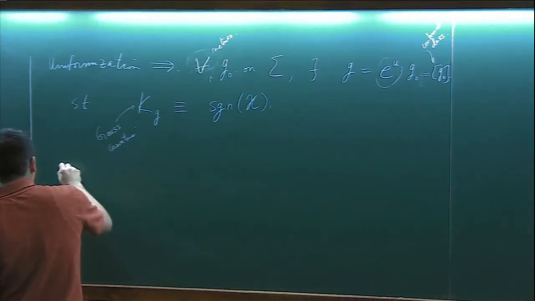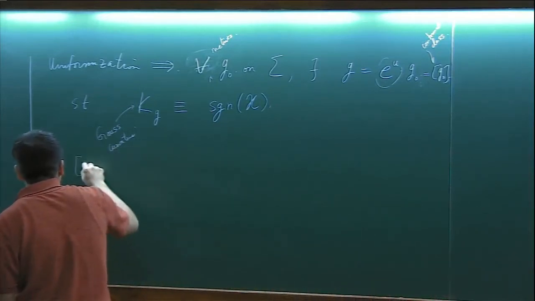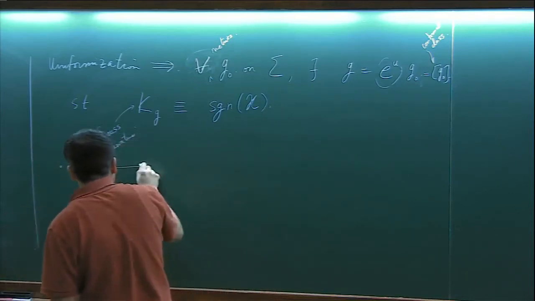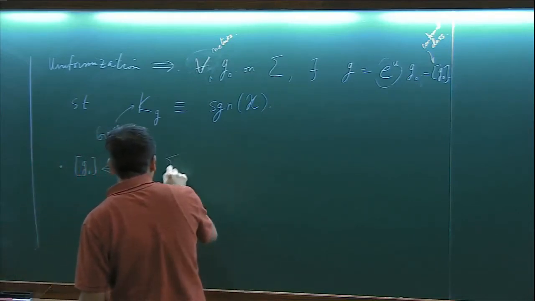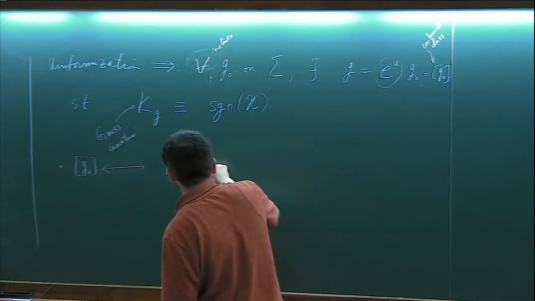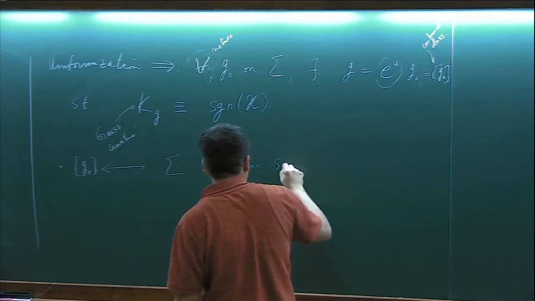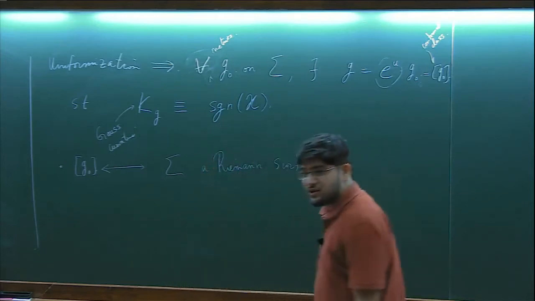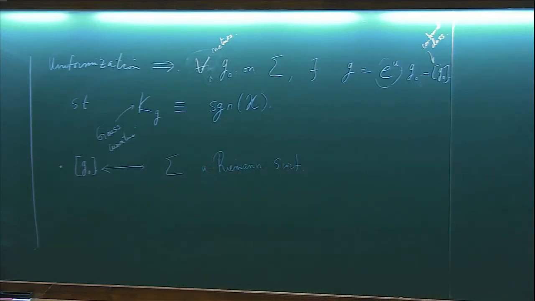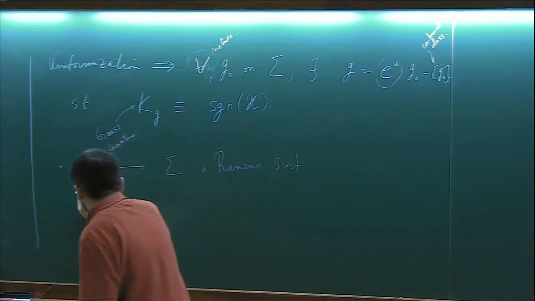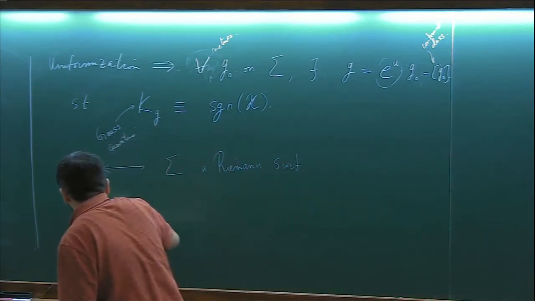Well, if you take the conformal class of g naught, this makes sigma into a Riemann surface. So this conformal class determines a complex structure on sigma, and this correspondence is via what are called isothermal coordinates.